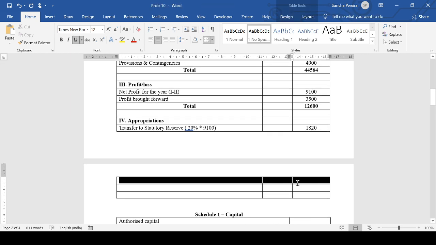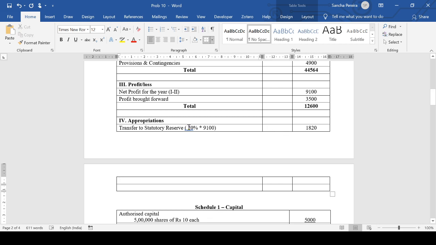I don't think we have anything else. Okay, and then we have the total 12,600, call this balance carried over to balance sheet. So 12,600 minus 1820 is 10780.